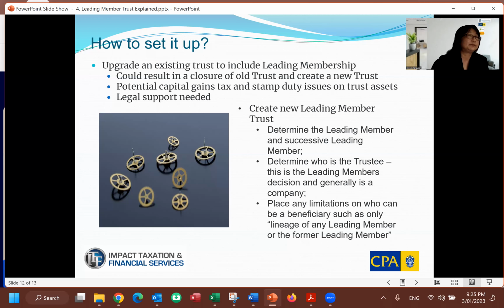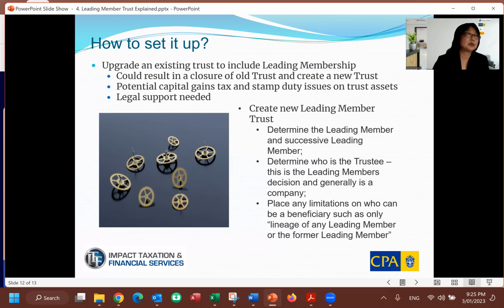And if it gets more complicated, we can also get lawyers to help us, from Evan Moyer lawyers, or like your docs. When the old trust gets dissolved and closed, and the new trust is created through this process, then potential capital gains tax and stamp duty issues will arise on the trust asset, because that will be treated almost like a transfer.